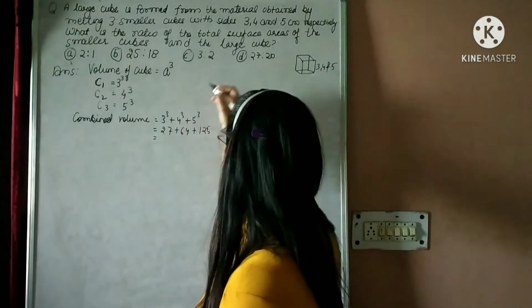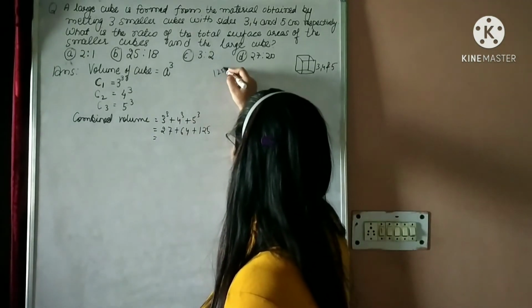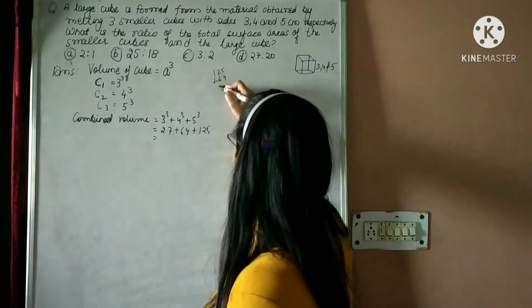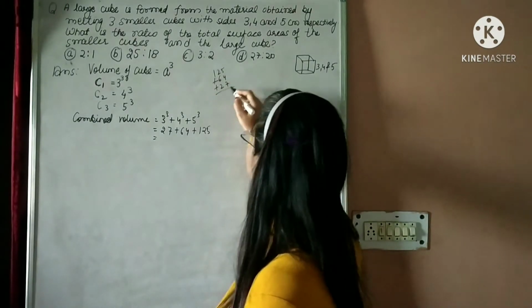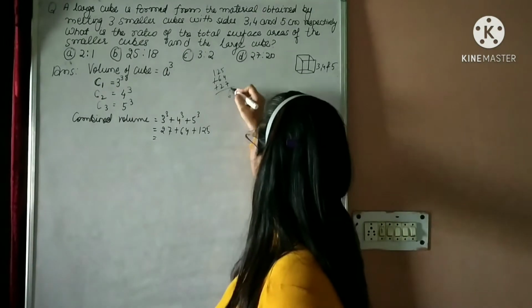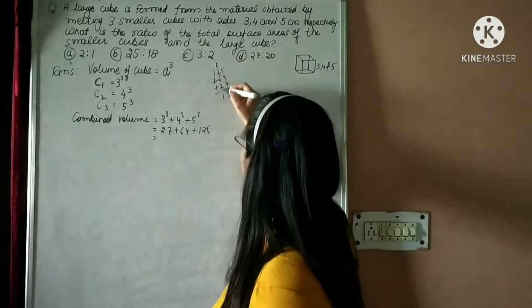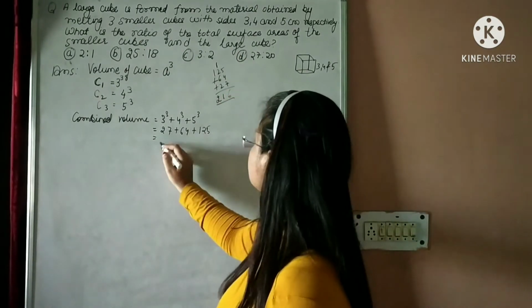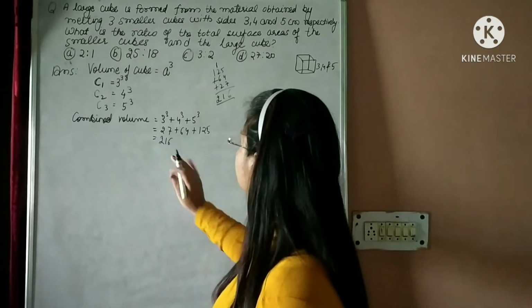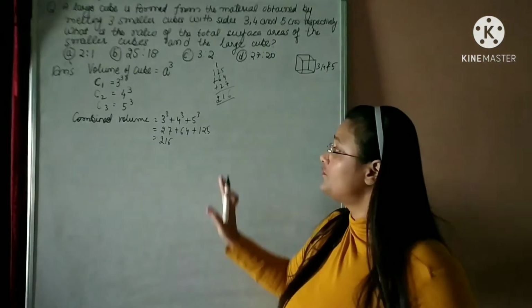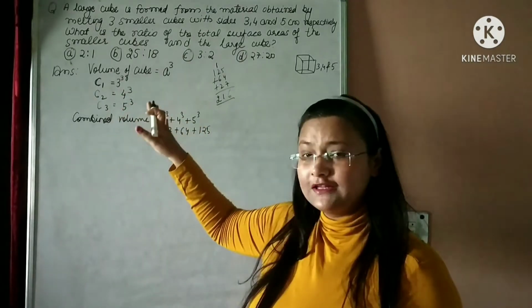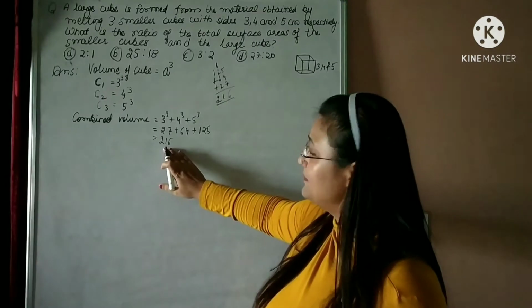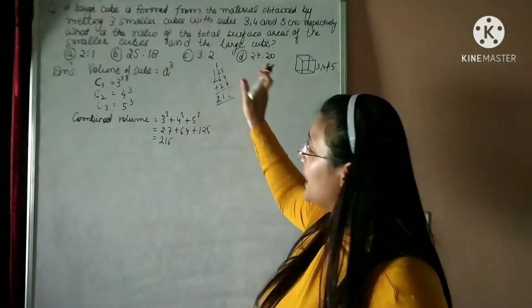We will add up 125 plus 64 plus 27, which is 216. Since we are making the larger cube from the volume of all these cubes, this will be the volume of the larger cube.